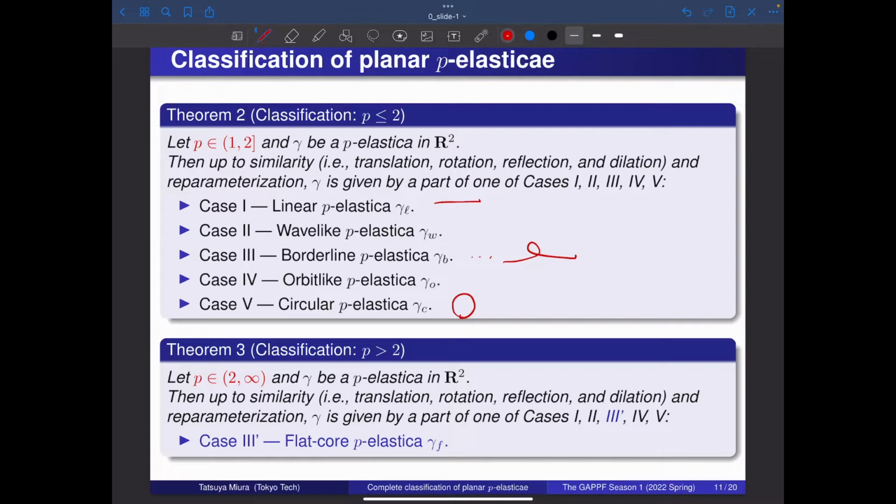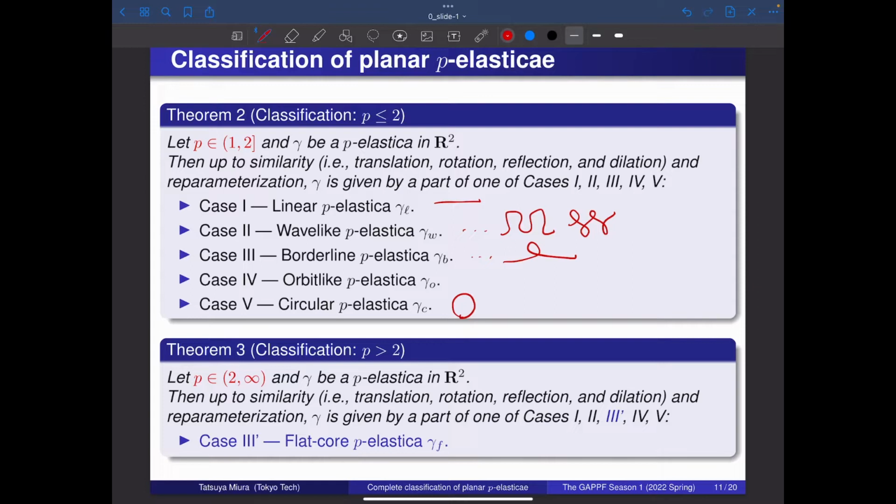Okay, and the other two cases have some periodic structures. In the first, case 2, we have a wave-like p-elastica, and in this case we have curves like this or like this. And one important point is that in this case the curvature k may change its sign.